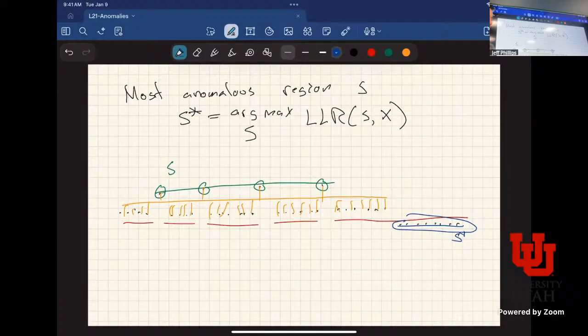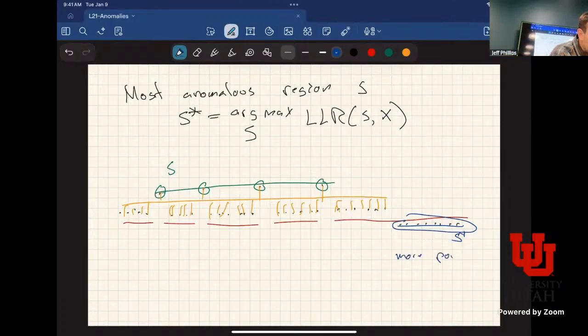Yes. Okay. Well, you think because maybe first of all, it has more points in it. Okay. And they're closer together. Okay. So this one has more points and they're closer together.